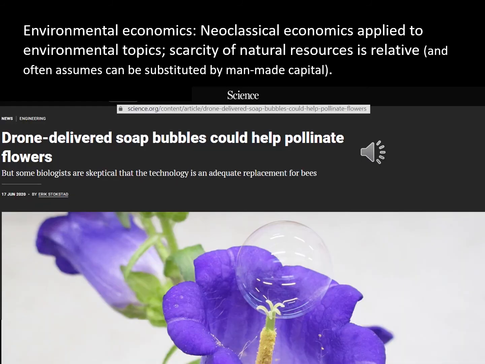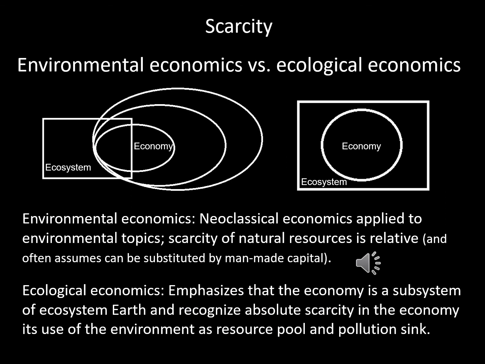Neoclassical models often assume that natural capital can be substituted for by man-made capital. For example, would pollinators become more scarce, we may be able to replace these ecosystem services by drone-delivered soap bubbles. The models developed by neoclassical economists have produced several insights that we will discuss during this course.